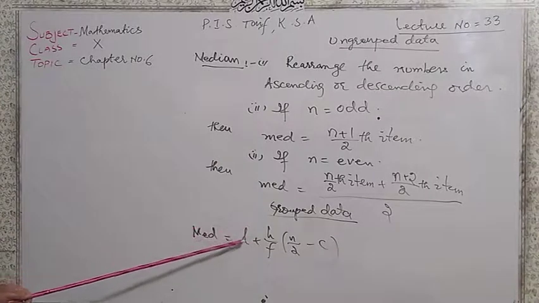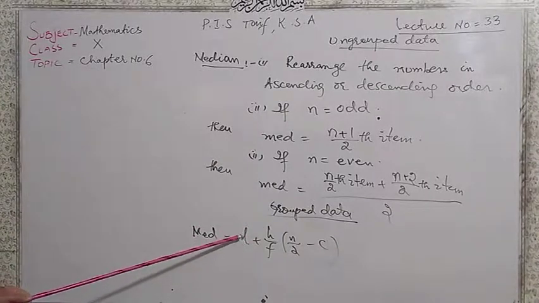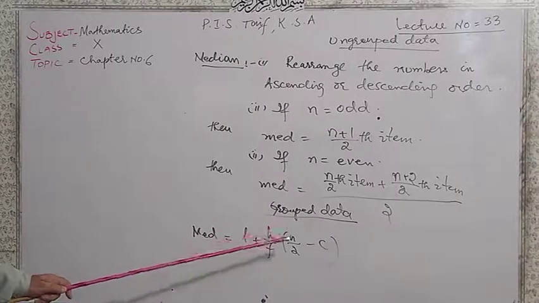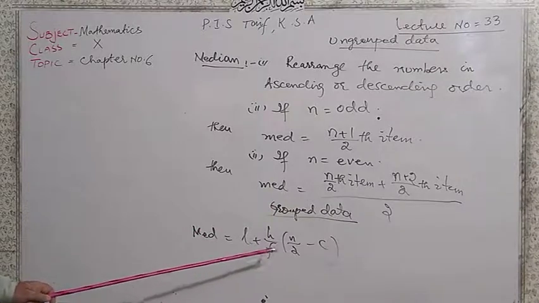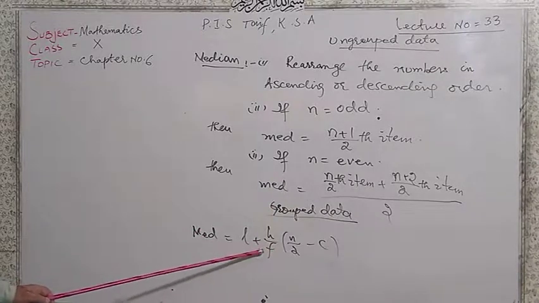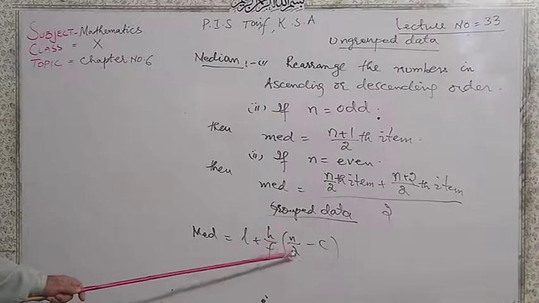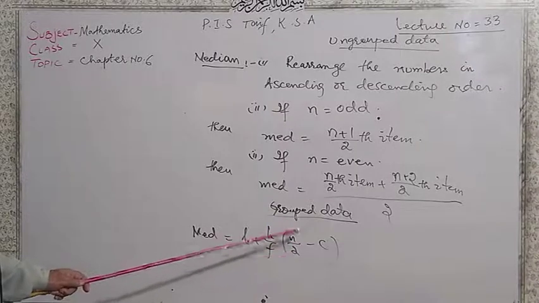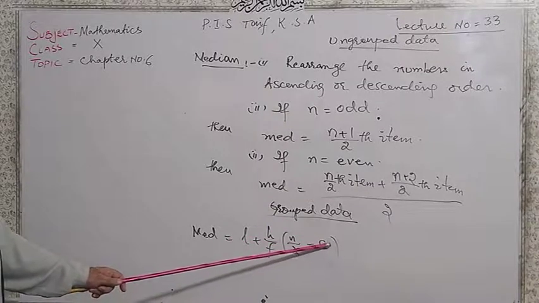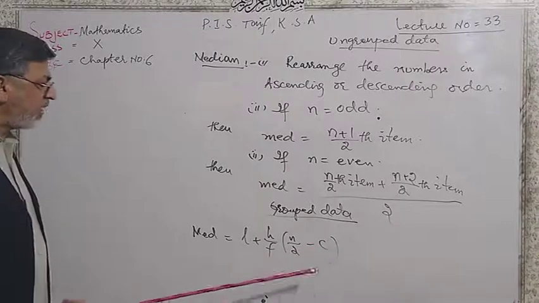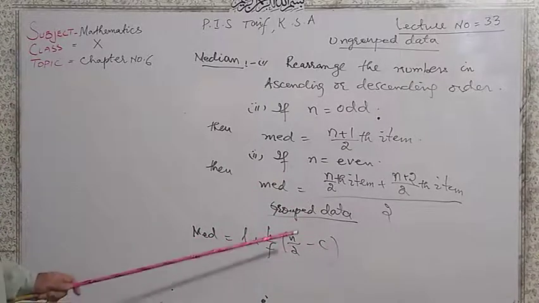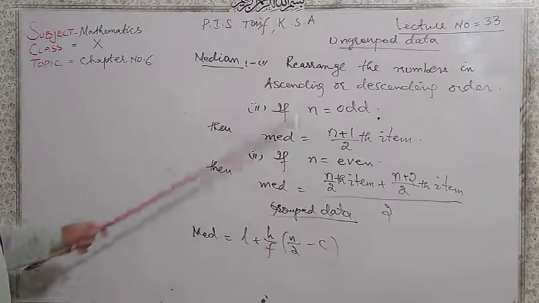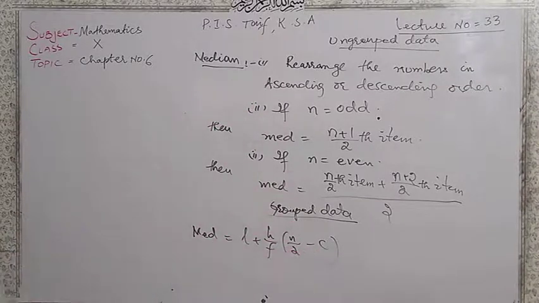Remember that L means lower class boundary, h means size of class interval, f is the frequency of median group, n over 2 is used to find the median group, and C is the cumulative frequency previous than median group. When we solve these questions, inshallah you will check these values.